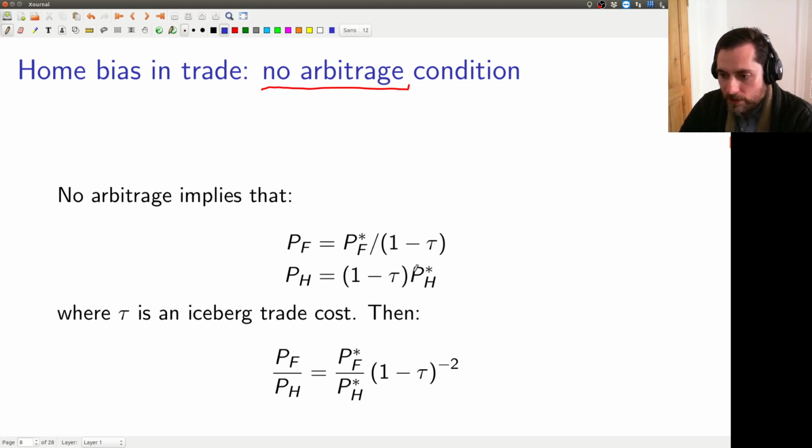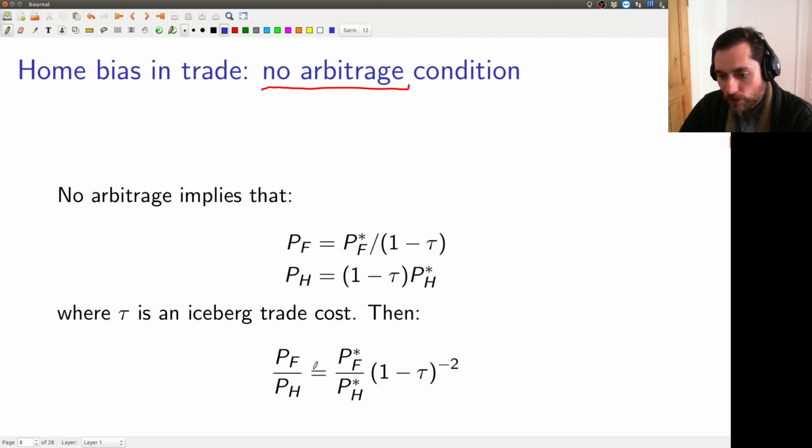Okay, so using these two equations, you can actually just divide them, right? So PF divided by PH, and then on this side, PF star divided by PH star, and then we're going to have this 1 minus tau in the denominator twice. So that's why we have 1 minus tau to the power negative 2.